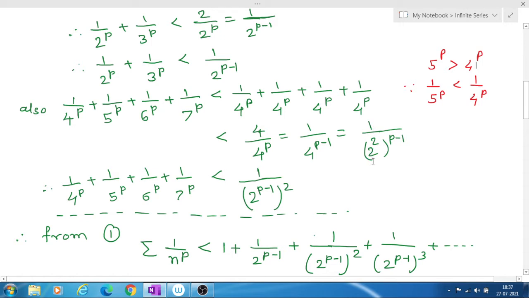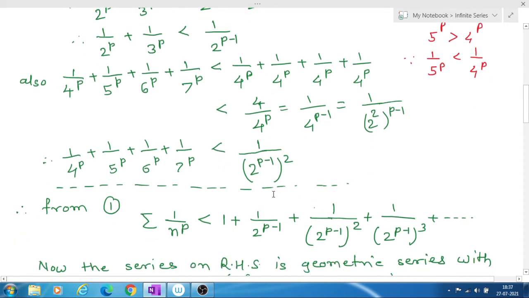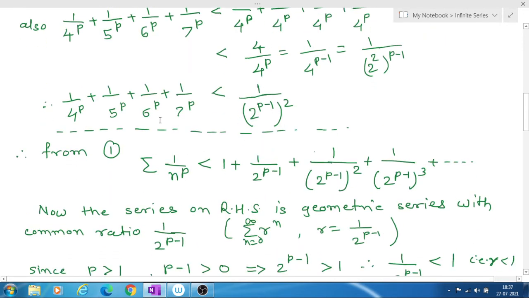Therefore this is 1 upon 2 square raised to p minus 1, which can be written as 1 upon 2 raised to p minus 1 bracket square. So this is less than 1 upon 2 raised to p minus 1 bracket square.